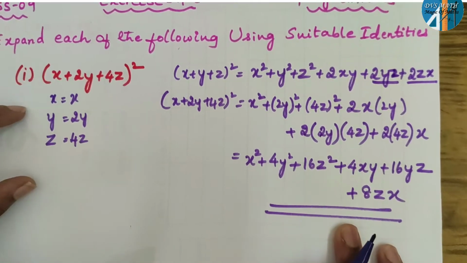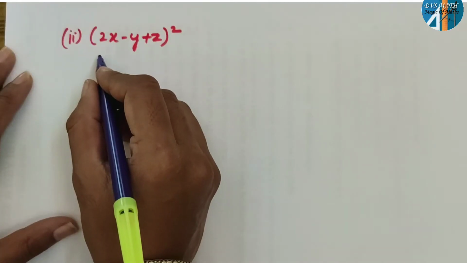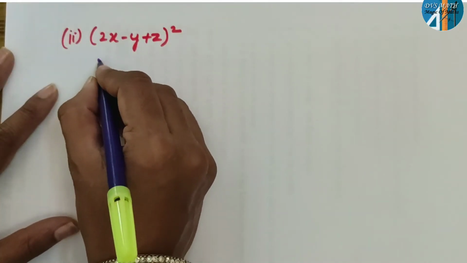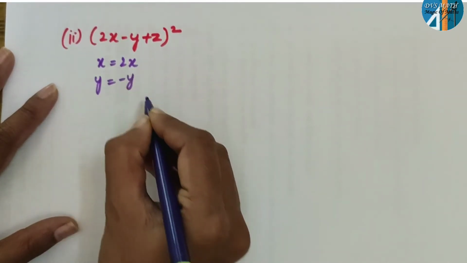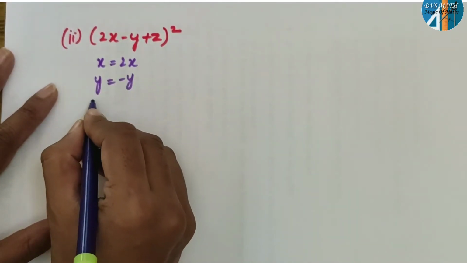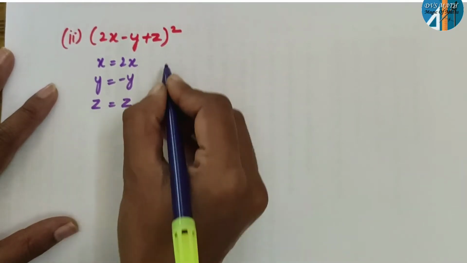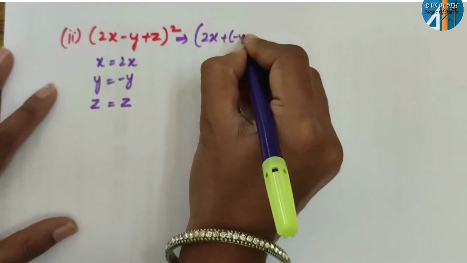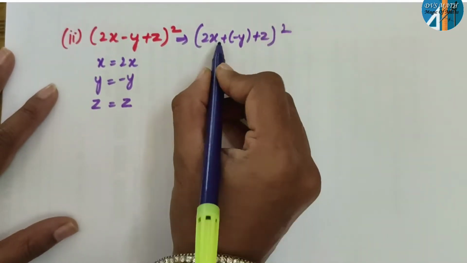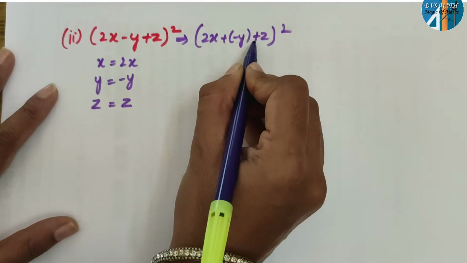Okay, so now let's move on to sub question 2. Here also let us start writing. In the place of x we have 2x, in the place of y we have minus y. You should have observed here, in the place of z we have z only. If you compare, it is 2x plus of minus y plus z whole square. Look here, x plus y plus z whole square.